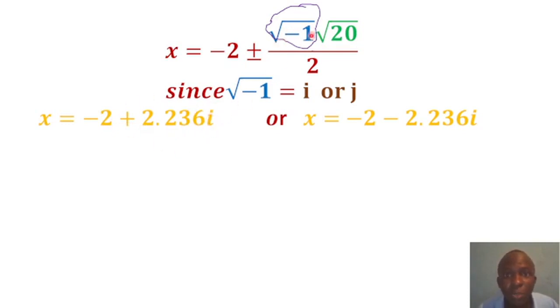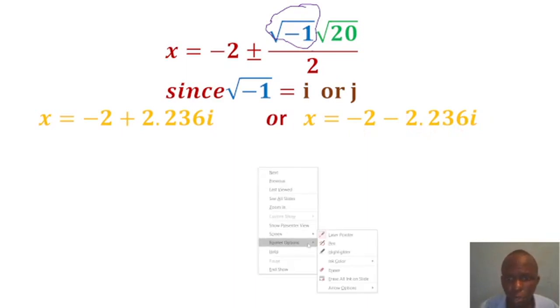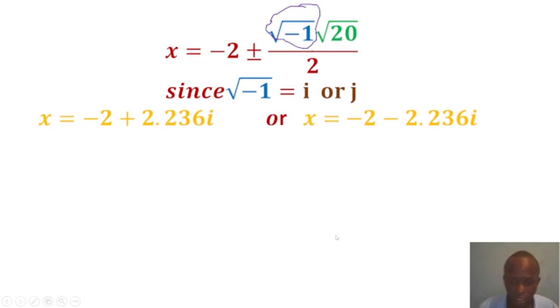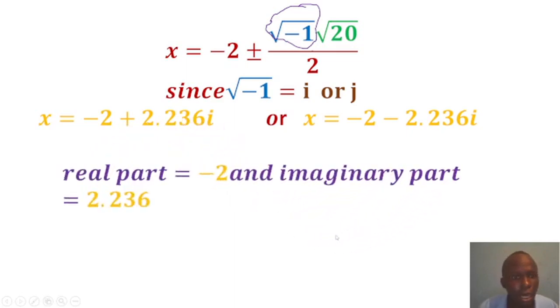Because I represents square root of negative 1, or x is equal to negative 2 minus 2.236i. What is I then? Once again, it represents square root of negative 1. Okay, so let us now go to the next step. The real part is negative 2 and the imaginary part is 2.236.